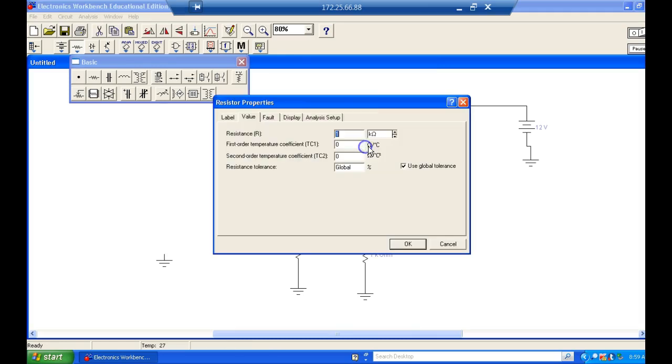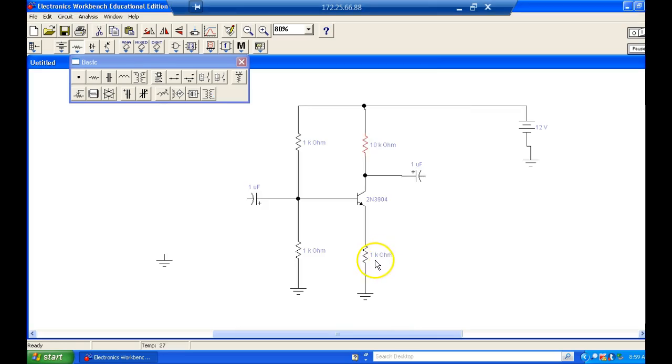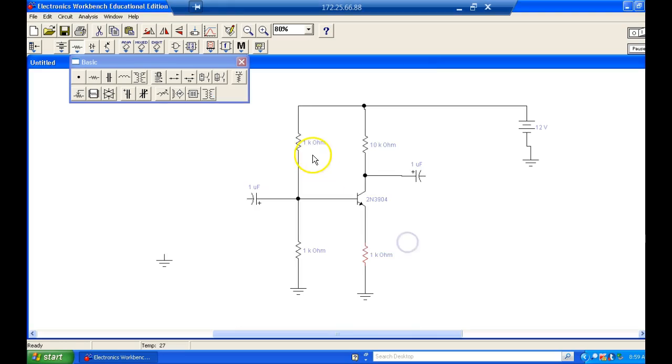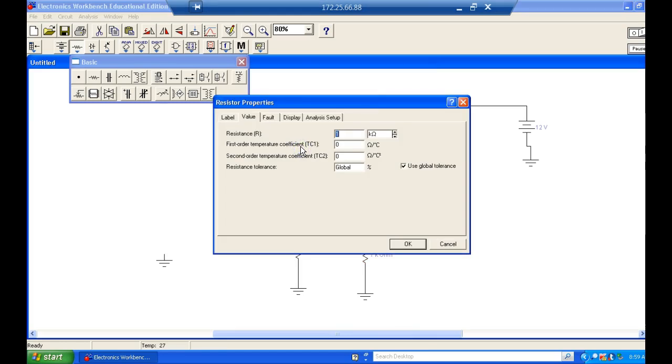So right here, my collector resistor is a 10K, and my emitter resistor is a 1K. And R1, what we generically call R1, is a 100K.